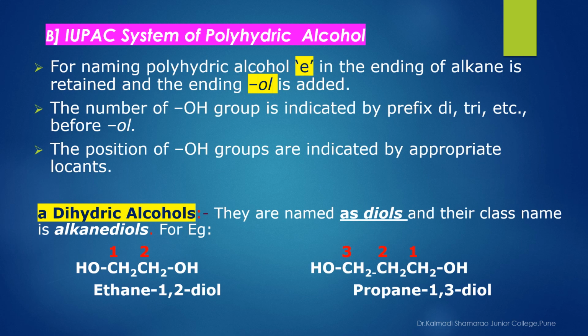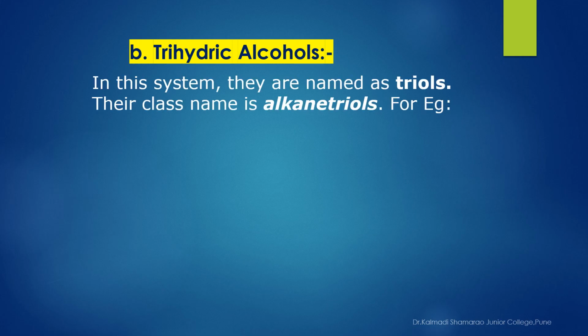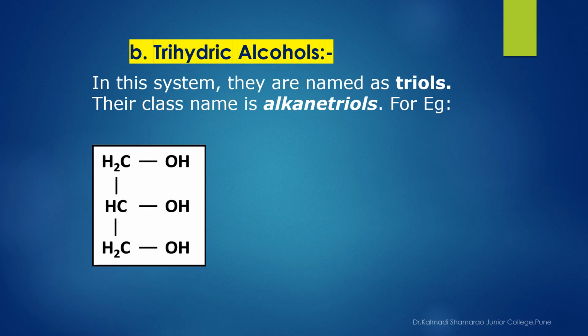This way we name dihydric alcohols. Let's see trihydric alcohols. In this system, they are named as triols. Their class name is alkane triols. For example, propane-1,2,3-triol.